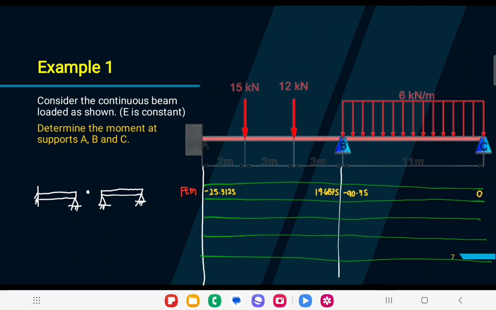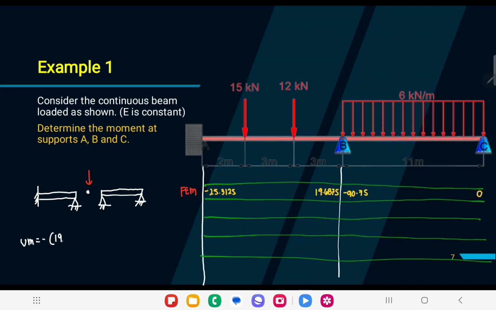Okay? So, hanapin muna natin yung tinatawag nating distribution factor. Kung ilan yung kukunin ng kabila and nung other span. Okay? So, solve muna natin yung unbalanced moment dyan, which is the negative sum of our locking moment. Okay?